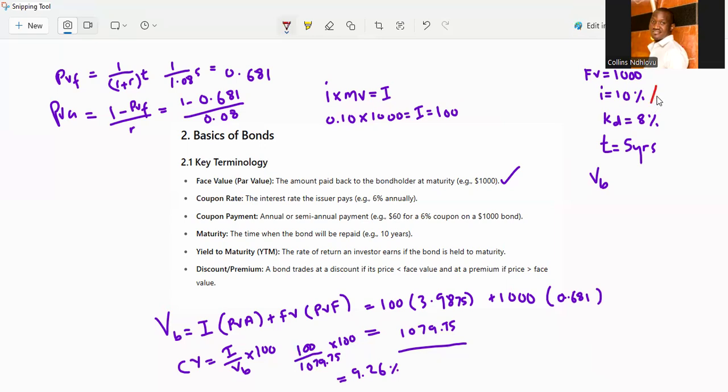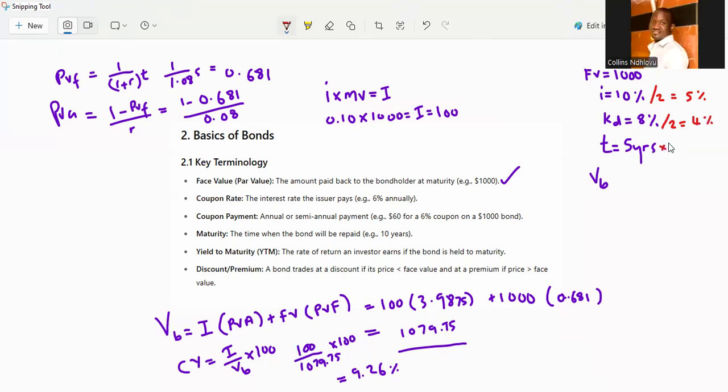So the small i instead of 10% will be what percent? 5%. The market rate instead of 8% will be 4%. And the time instead of 5 years, we multiply by 2.